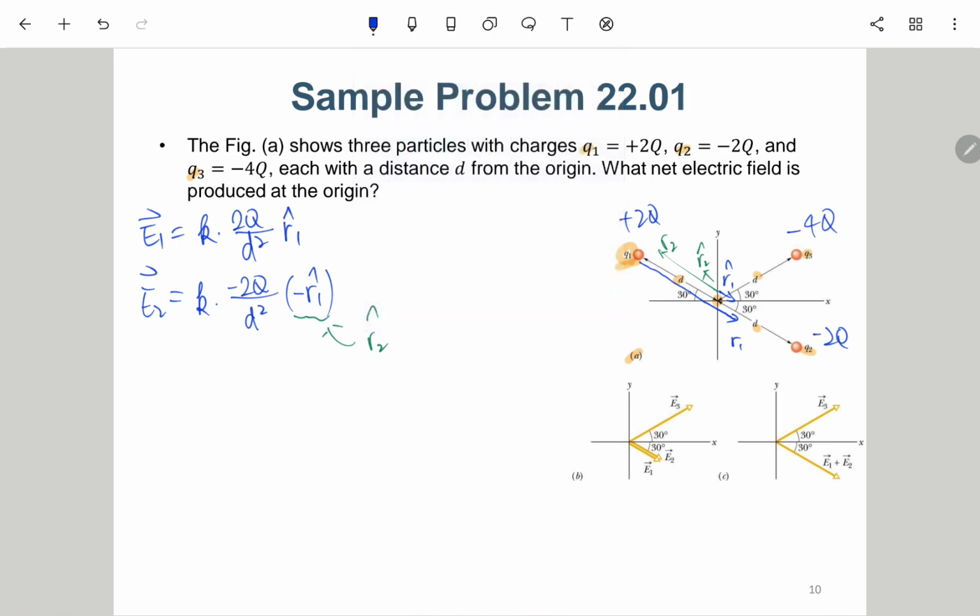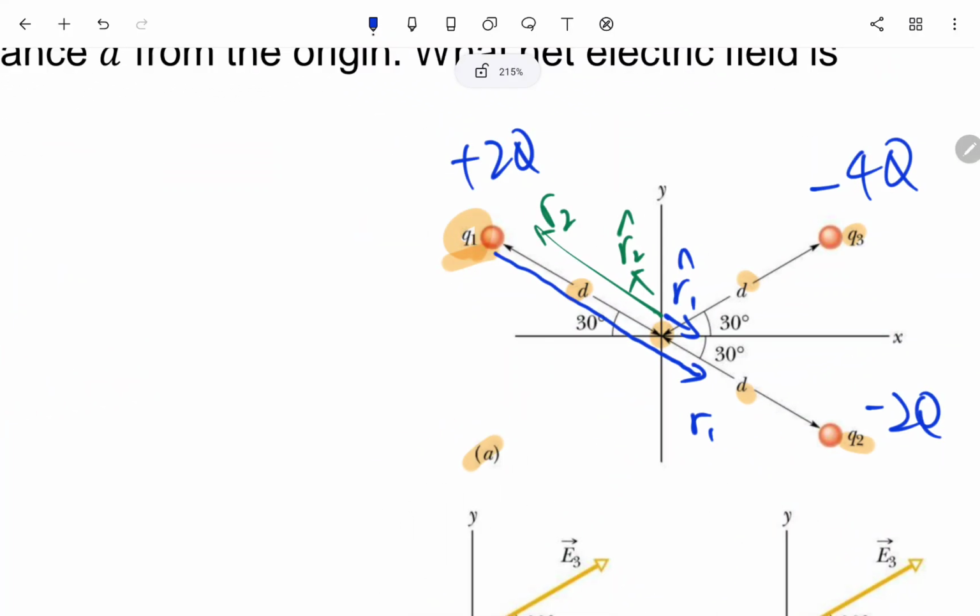Okay, so for E3, it will be K times negative 4Q over d squared, and then R3, we consider starting from this Q3 and then pointing to here.